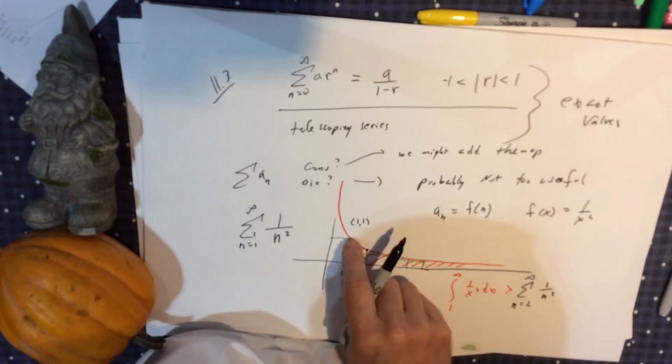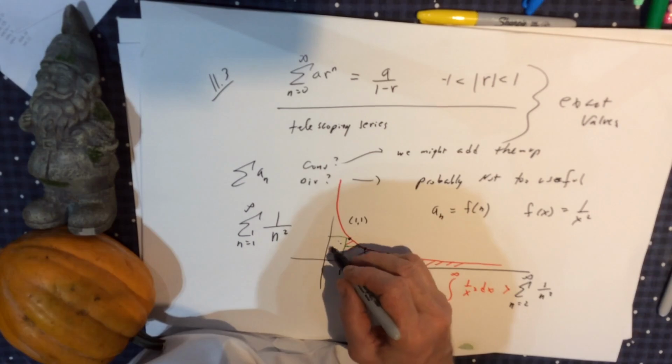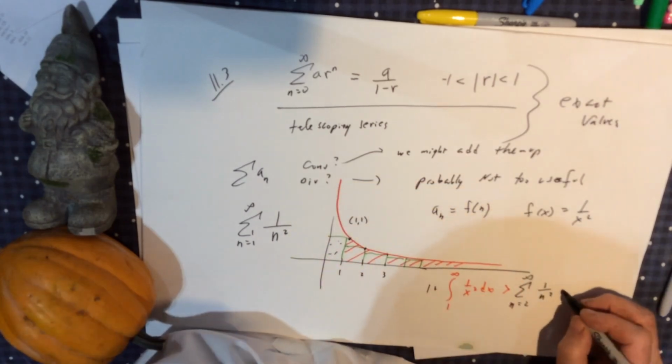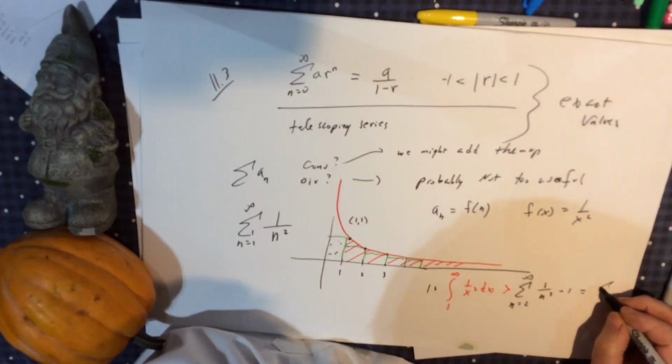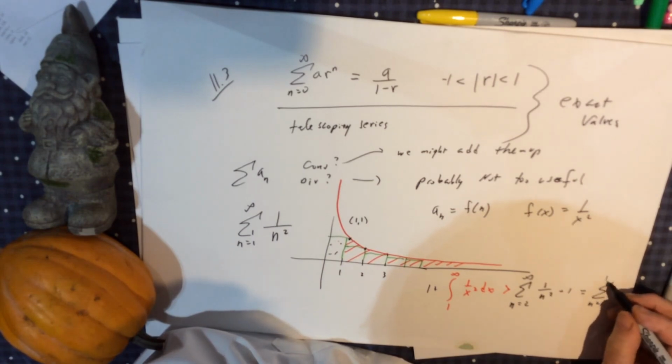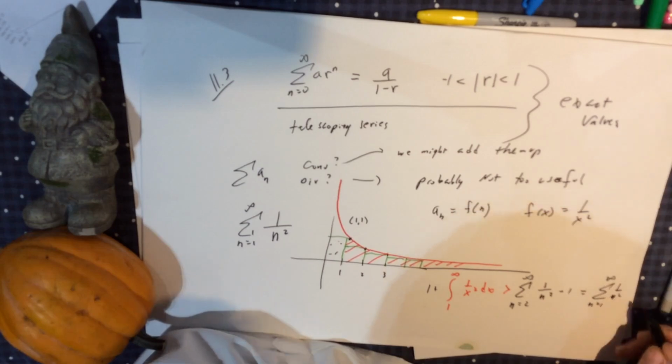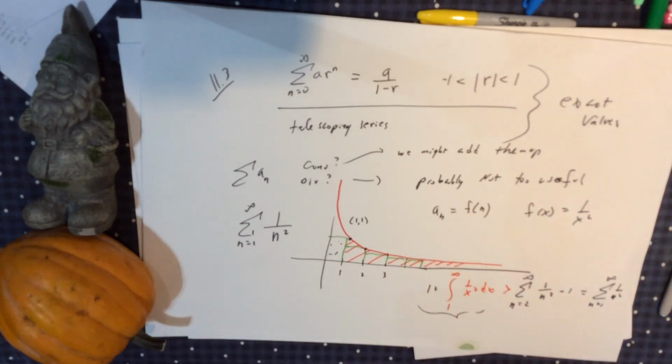And so if we add this box to it, well, that's just the whole series. And we would have an upper bound to what the value of the sum of 1 over n squared is. So the question is, can we do that integral?